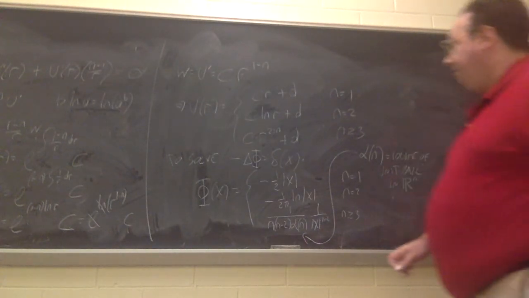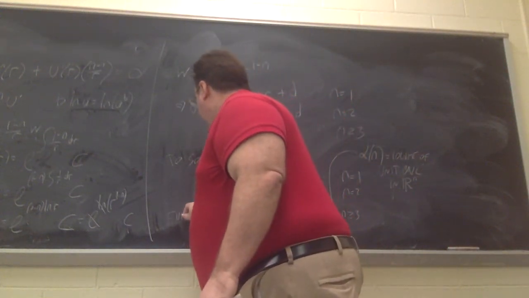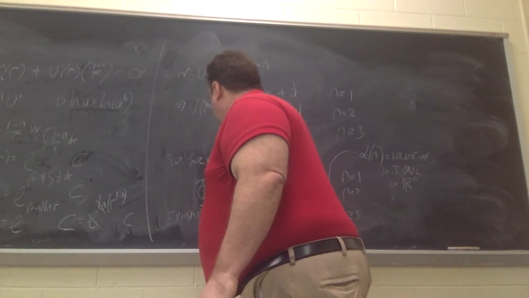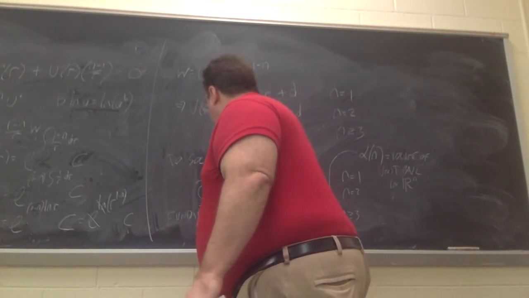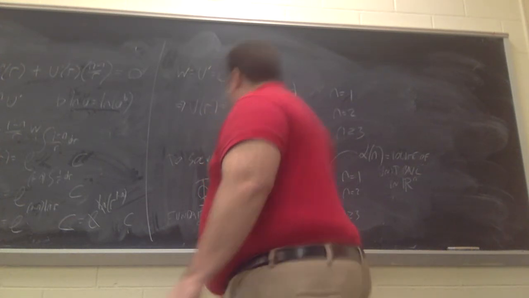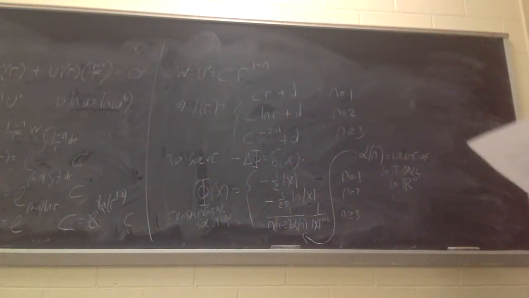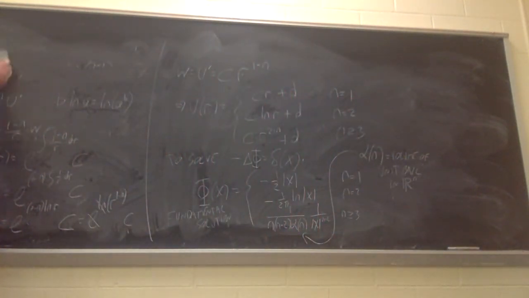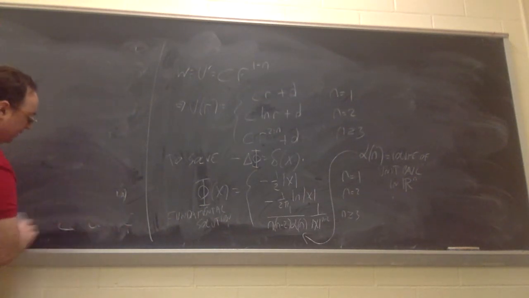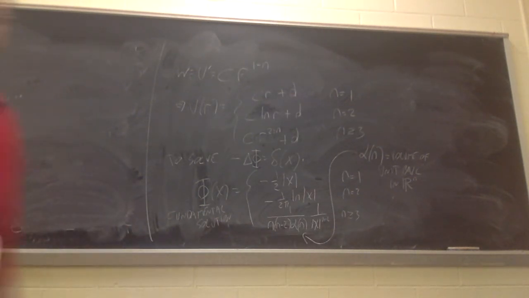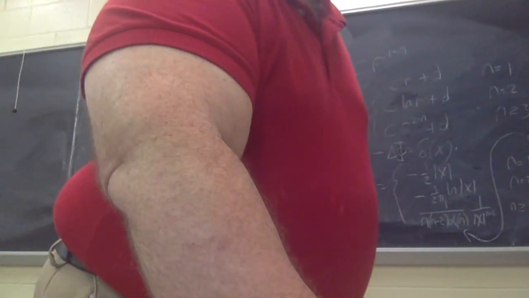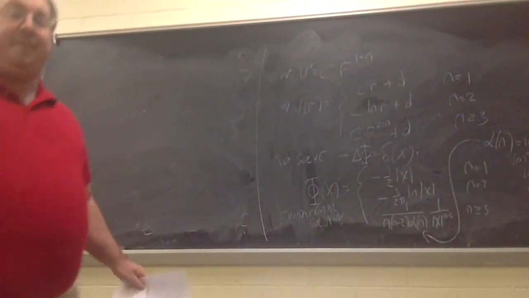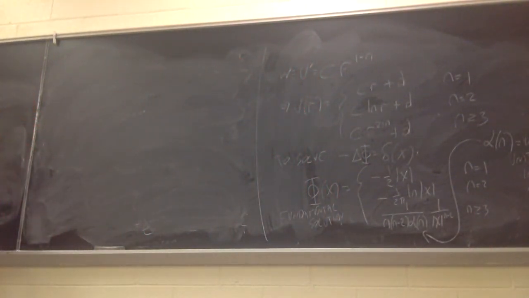So phi is my fundamental solution. So now I can use that to write down a formula for the solution of Poisson's equation. So I'll just do that real quick and then we'll have to stop. Unfortunately, that means knocking us behind, but I'll try to have a digression-free day for once.